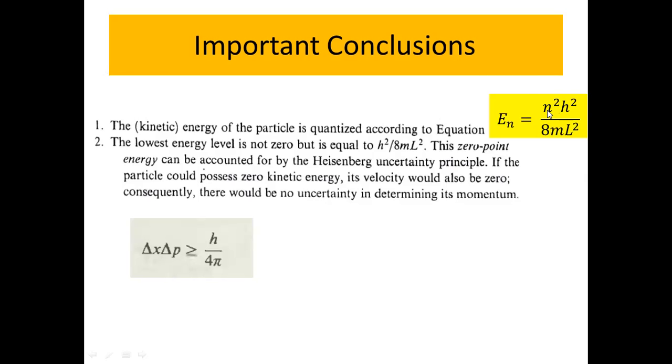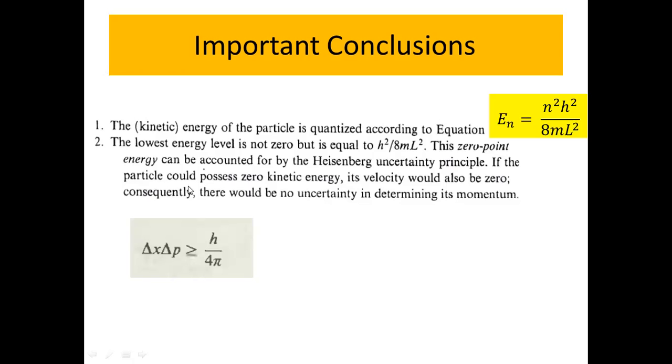When you put the value of 1 over here, this equation becomes h square over 8 m l square. So it is important to note that the energy of the lowest level is not equal to zero, but has this value. And this zero point energy can be accounted for by the Heisenberg uncertainty principle. This is the explanation written over here.